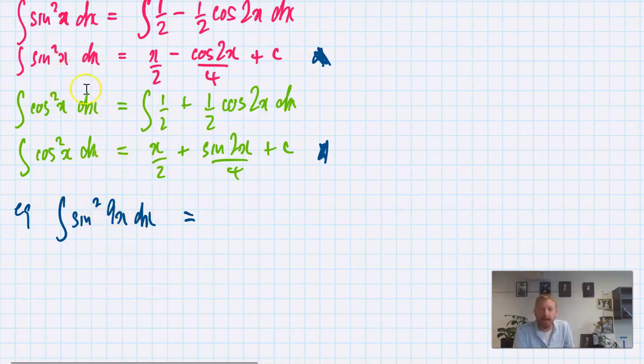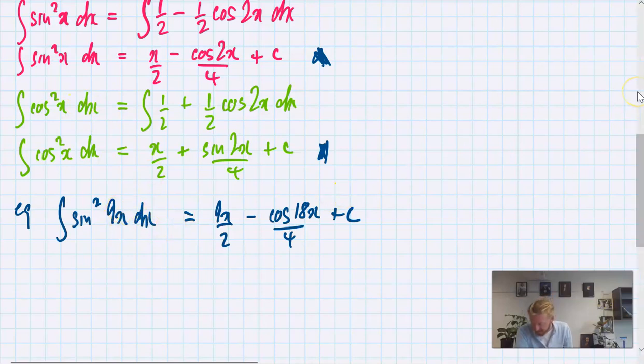X is 9x. So that's going to go to 9x on 2 minus, cos 2x is 18x, isn't it? 18x on 4 plus c. Yep. So just be careful. You might get a fraction in here. You might get something else in here. But without doing a full substitution, just eyeball it and give it a go.